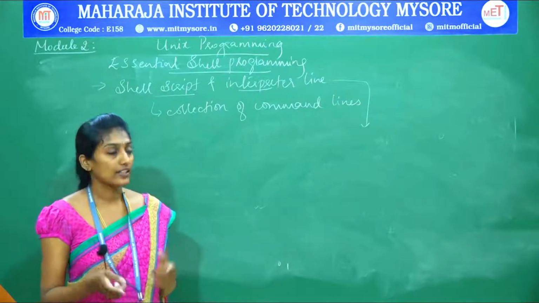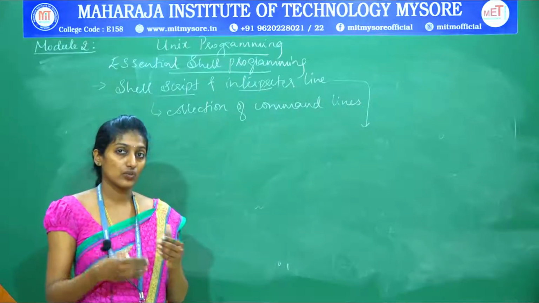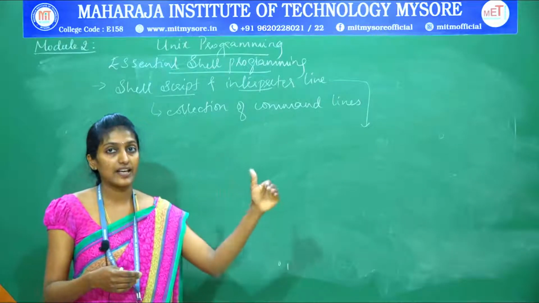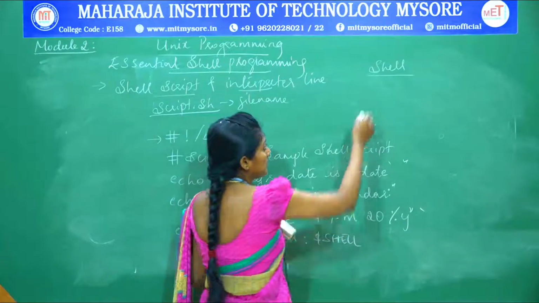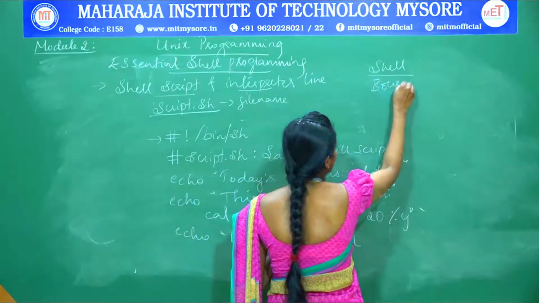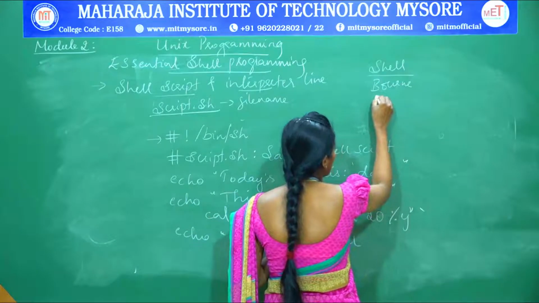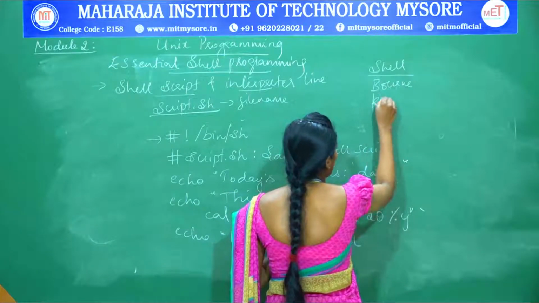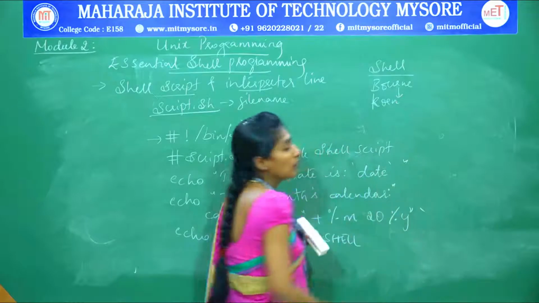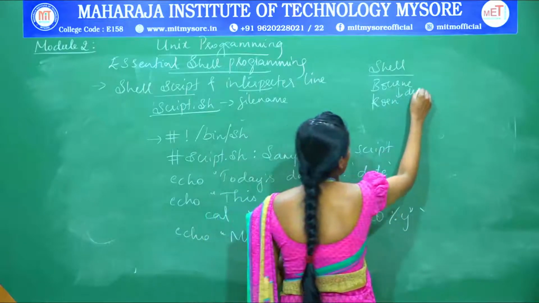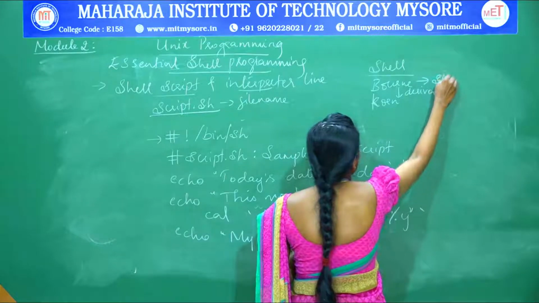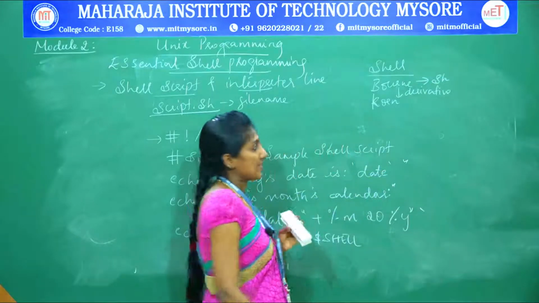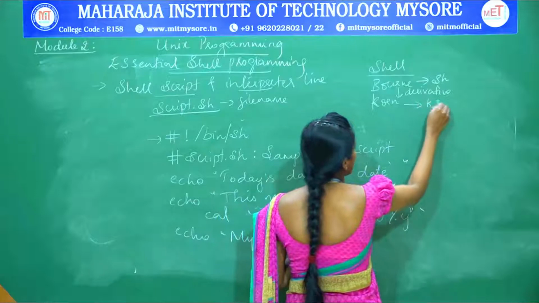For executing all those commands under that particular directory path, you are going to use this. One is the Bourne shell, and the other one is the Korn shell, which is a derivative of the Bourne shell. The Bourne shell is represented with sh, the Korn shell with ksh.